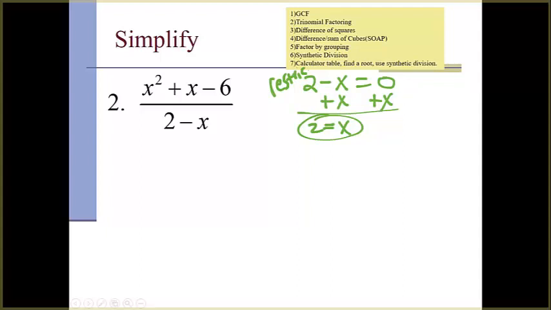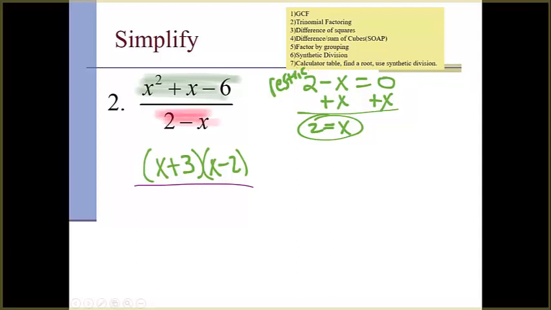So, all right, now that we have that, we have to do our separate factoring problem. So I'm going to do the top. x squared plus x minus 6 factors into x plus 3 and x minus 2. The bottom one is a tricky one, but there's something that you're going to run into quite often, so please pay attention to this.